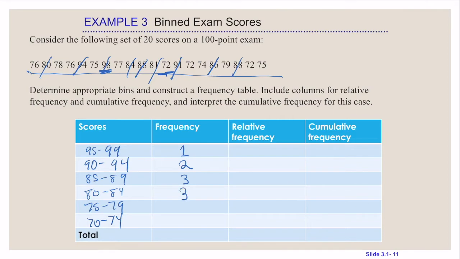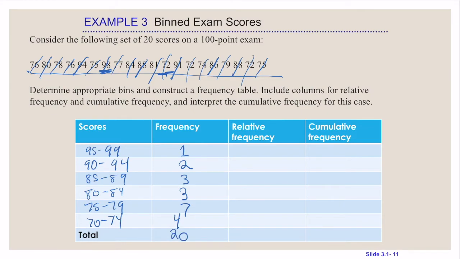Then 75 to 79, I've got 1, 2, 3, 4, 5, 6, 7. And then what remains from 70 to 74, I've got 1, 2, 3, 4. And that is going to add up to 20 because we had 20 total exams.